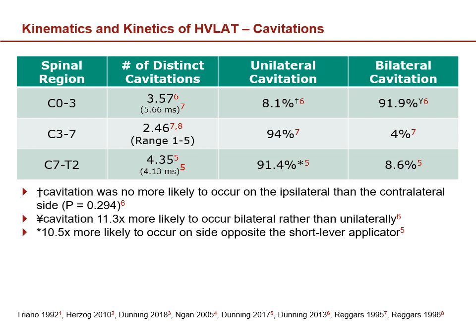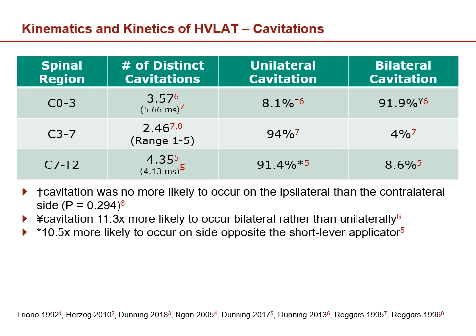What is not specified is whether it's ipsilateral or contralateral cavitations, but rather that the cavitations are occurring on a single side. And you can see what I've denoted there with the symbols. Cavitation was no more likely to occur on the ipsilateral than the contralateral side, and this pertains to the unilateral cavitation for the upper cervical spine.